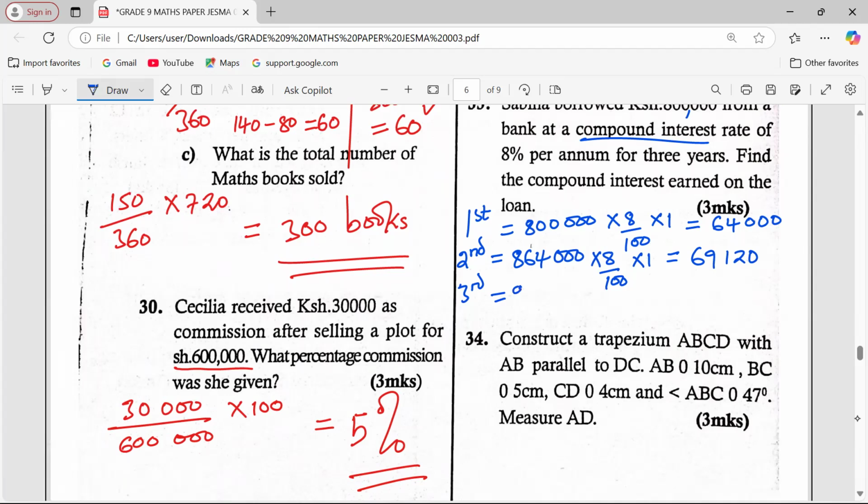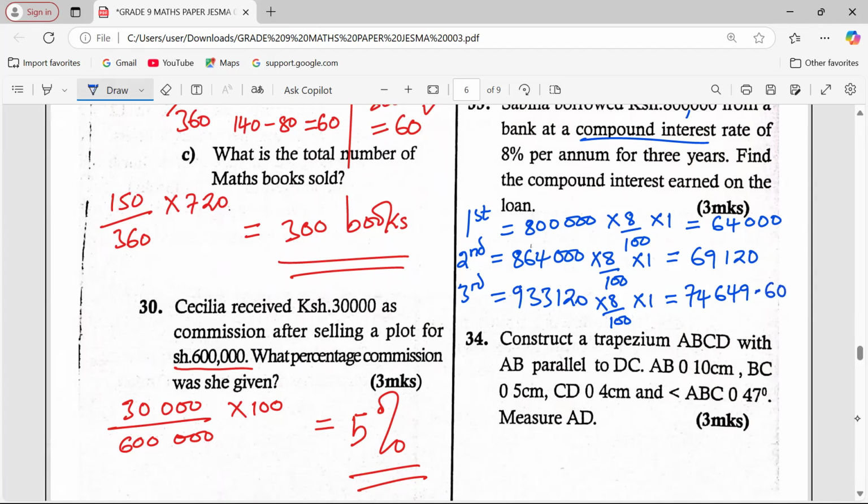So the new principal now becomes 933,120 at the rate of 8% multiplied by 1. So when we multiply by 8 over 100, now we're going to get 74,649.60.